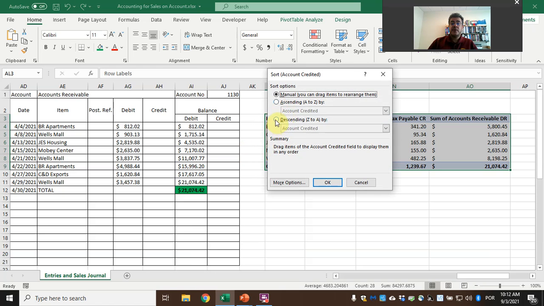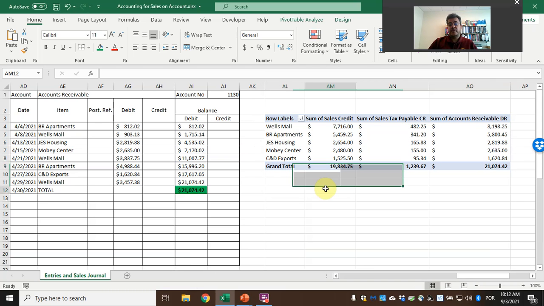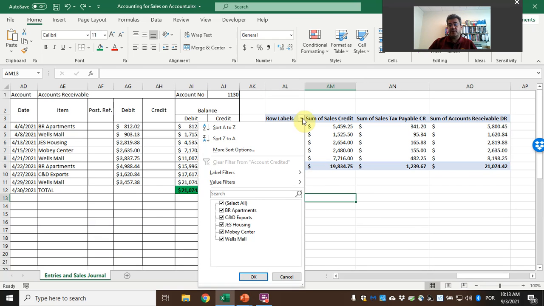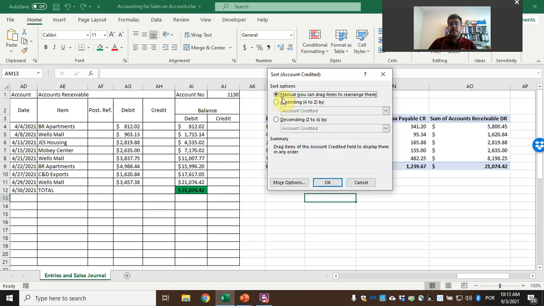Sorry. Descending by sales credits. And here. Too fast? I think it was. How do we do that? Here on this arrow, more sort options. Descending from the largest to smallest, from Z to A. Not account credits. We want to do it based on sales credits.